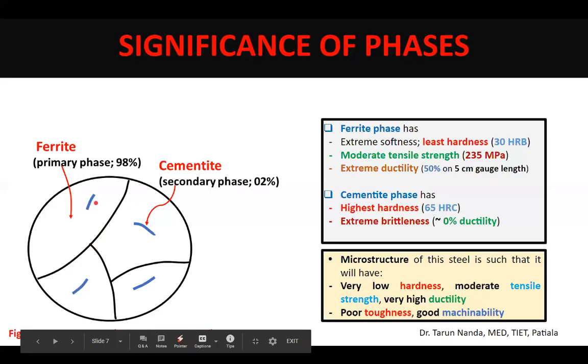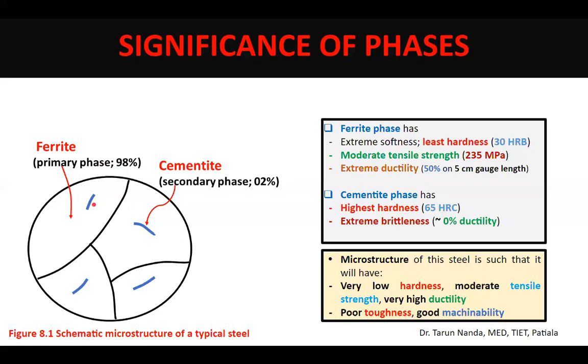Why? When the shock load comes onto this material, whatever shock load comes onto these thin cementite plates, because they do not have any large bearing area to hold that shock load, they will immediately crack. Crack initiation and propagation would happen, and the material would fail, meaning the shock will not be transmitted from here to this portion.